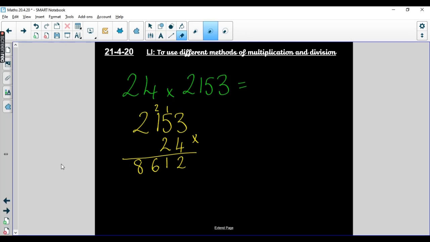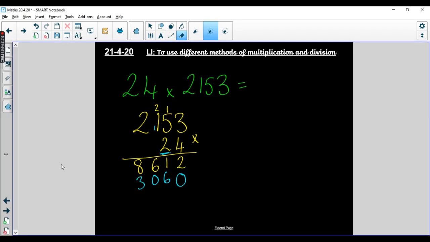Now just switch to a slightly different colour. I'm now going to be multiplying by the 2. Now it's not 2, it's a 20, it's in the tens column. So remember, I need that golden place value holder. And effectively, I'm just doubling all of these numbers. So 2 times 3 is 6. 2 times 5 is 10, and carry my 1. 2 times 1 is 2, plus 1 is 3.